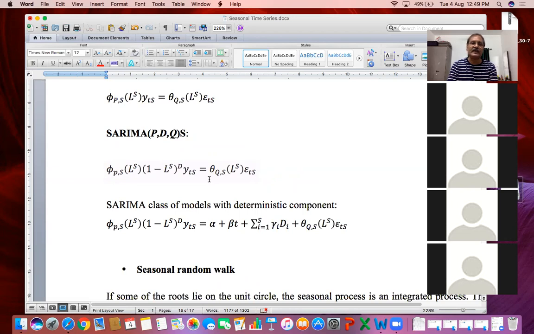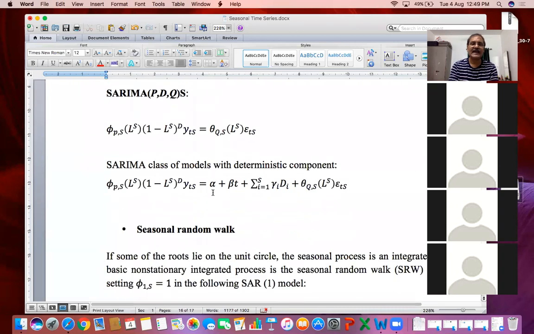If we want to incorporate the deterministic part, that is, a series may contain a deterministic trend or a drift parameter, in that case you can add alpha plus beta times T plus sum of gamma i D i. This capital D i indicates the seasonal dummy. We have mentioned seasonal dummy when we discussed the deterministic seasonal part.